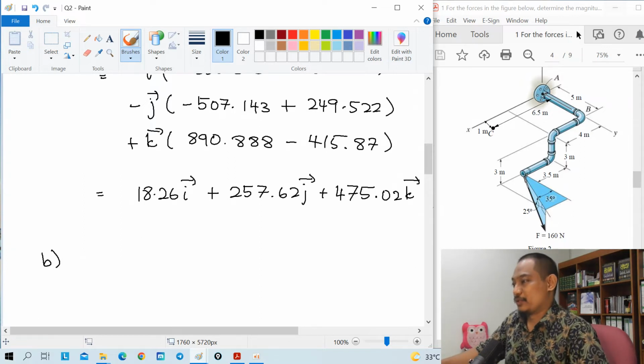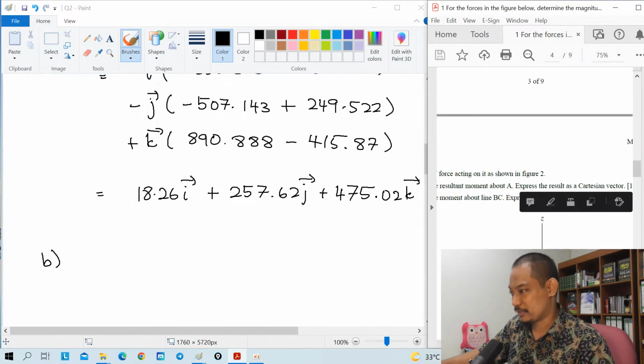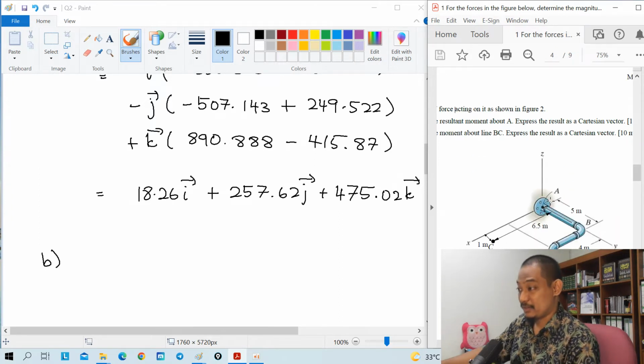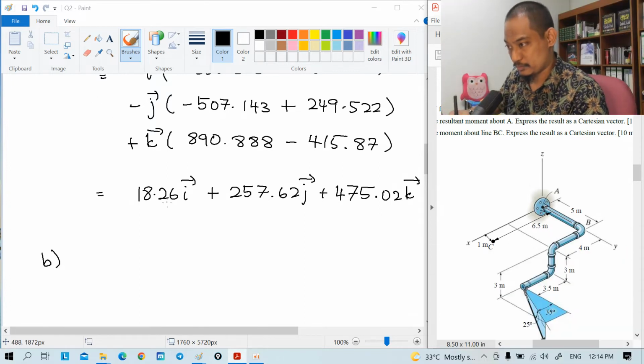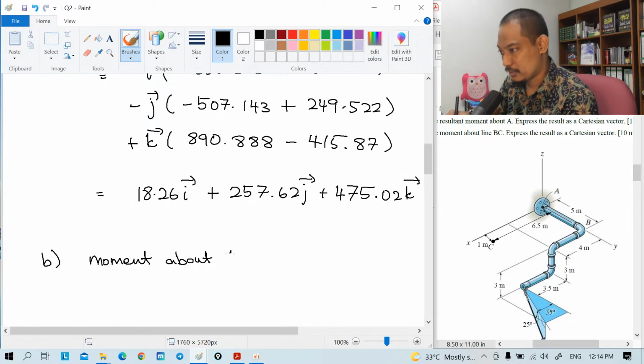Part B. So what is it again? Moment about line BC, right? So B and C. So moment about line BC.